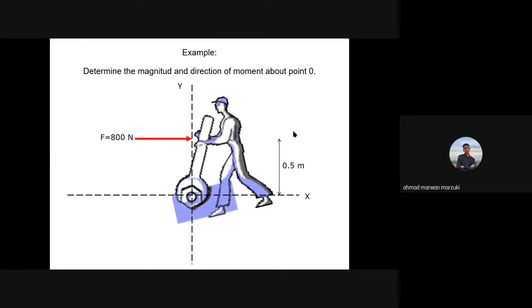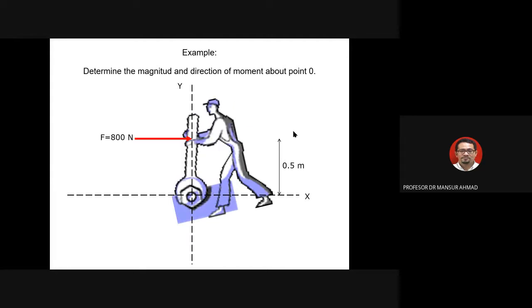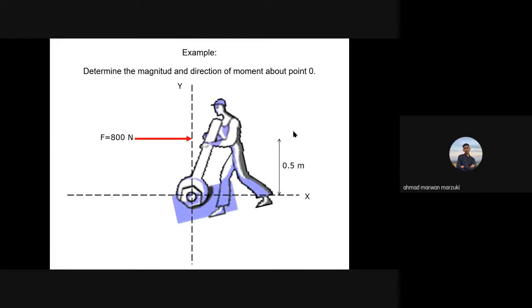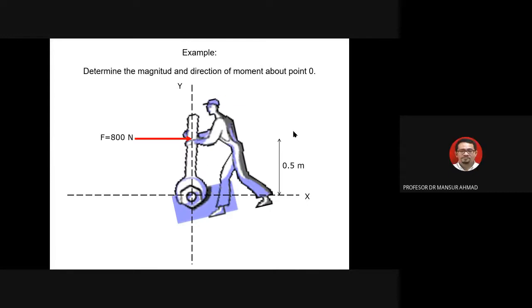How about positive moment? What about positive moment? Okay, if this 800 Newton is going to your right, isn't it? Yes. This is when you are going to your right.